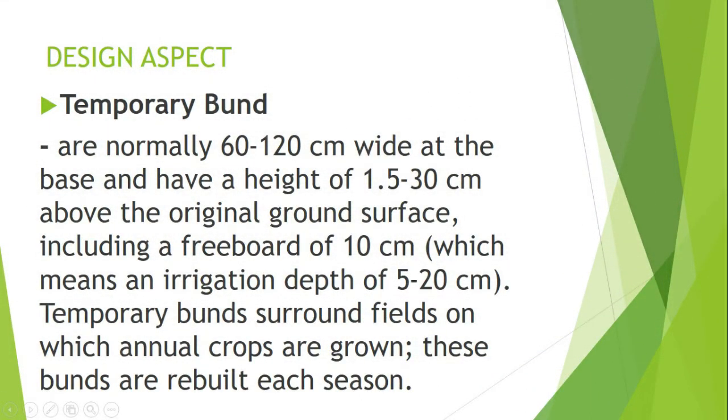Temporary bunds are normally 60 to 120 cm wide at the base and have a height of 15 to 30 centimeters above the original ground surface, including a freeboard of 10 cm, which means an irrigation depth of 5 to 20 cm.